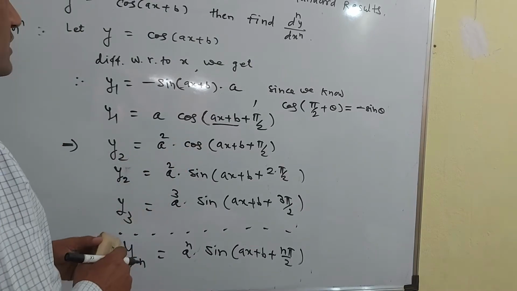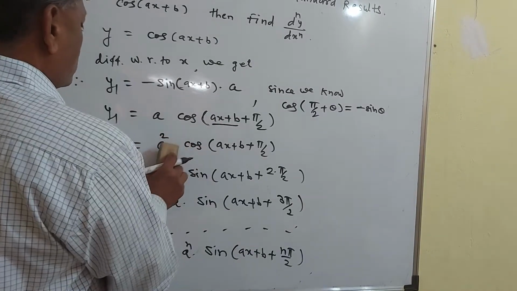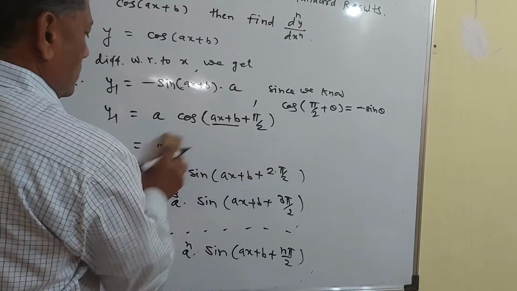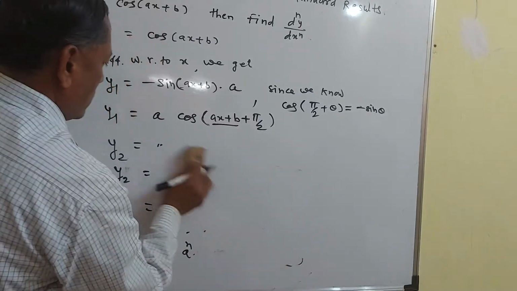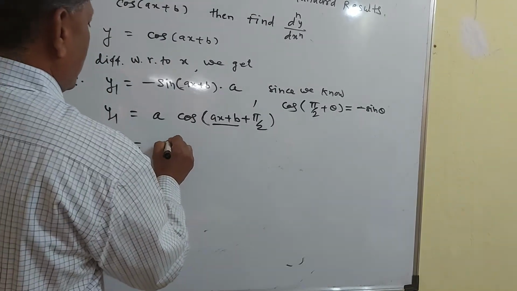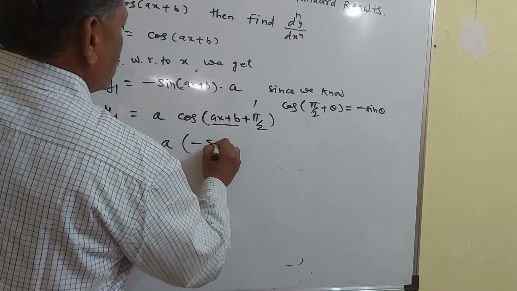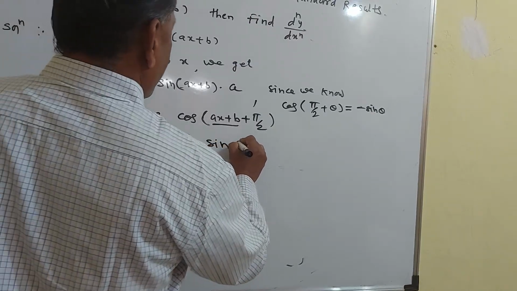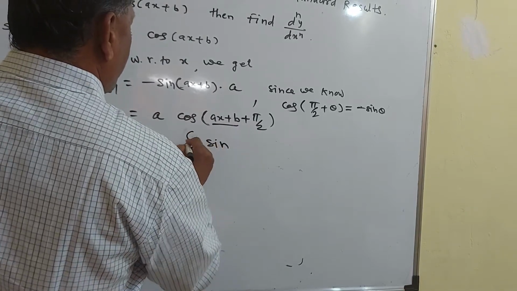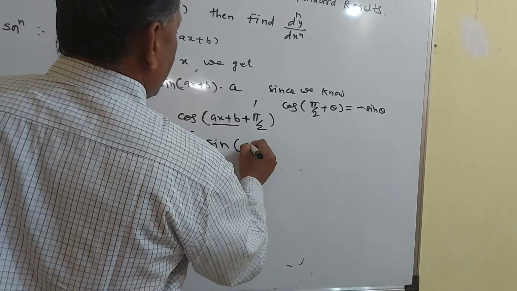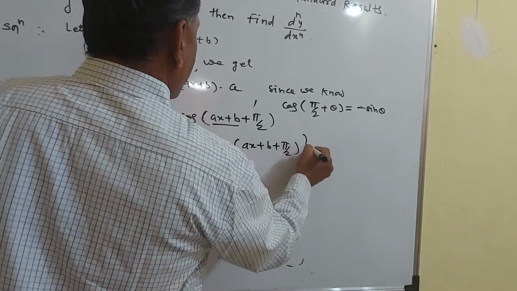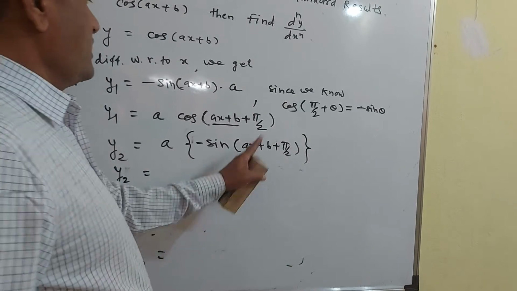Again you differentiate this, you get y2 is equal to a into minus sine of ax plus b plus pi by 2 into derivative of ax plus b plus pi by 2, means a.